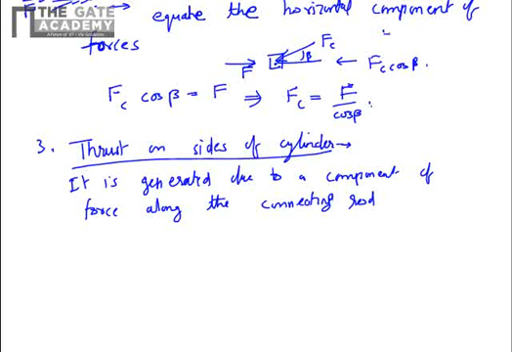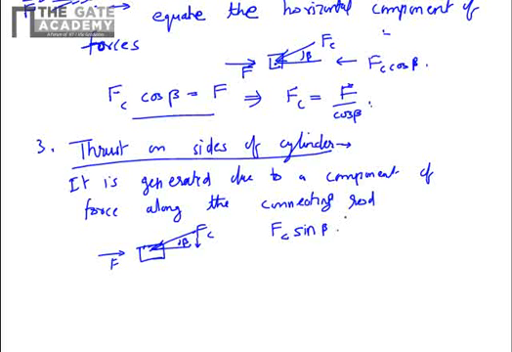As you see from this diagram, Fc is at angle beta to the horizontal and F is along the horizontal. So if a component of Fc cos beta is equal to F here, then there should be a component of Fc that is acting normal to the piston. That component is Fc sin beta.